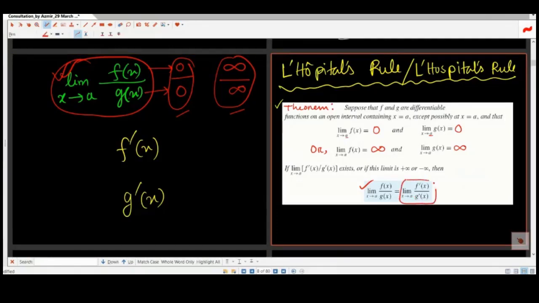So this limit may exist or it may be plus infinity or minus infinity. So whatever result we will have for these derivatives, that result is for the main part. So this is the L'Hopital's rule. L'Hopital's rule is only applicable whenever we have a 0 over 0 or infinity over infinity. Otherwise, we can't apply L'Hopital's rule.